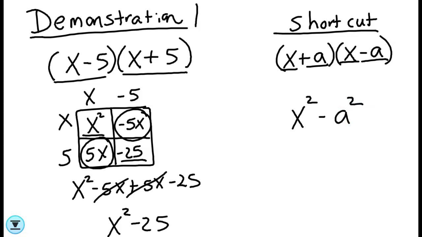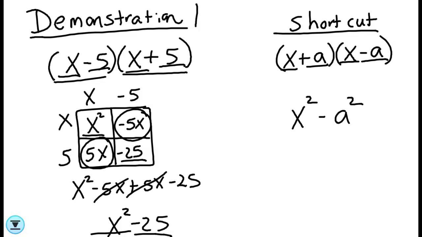So in other words, you don't need to do the box. The reason we don't need to do the box is because the middle terms cancel out. All you really need to do is multiply the two first numbers together and the last two numbers together, and you've got your answer, because the middle numbers cancel out anyway because of the fact that those two expressions are identical except they have opposite signs.